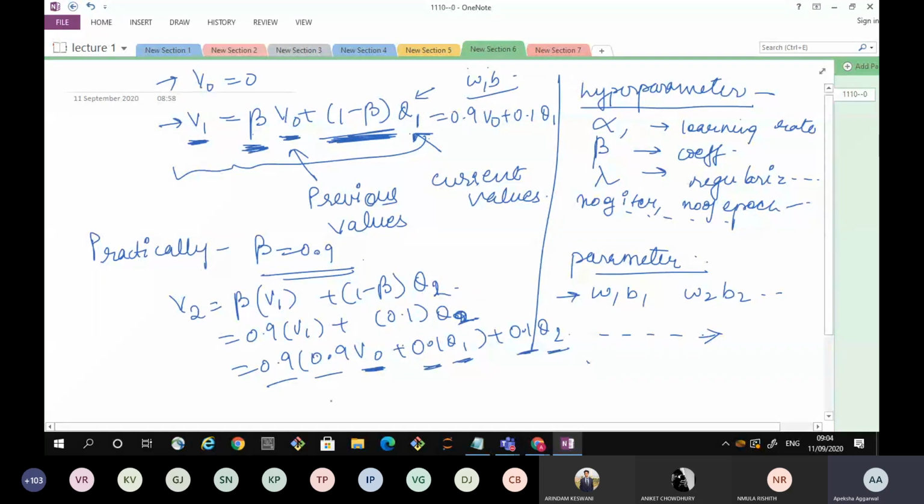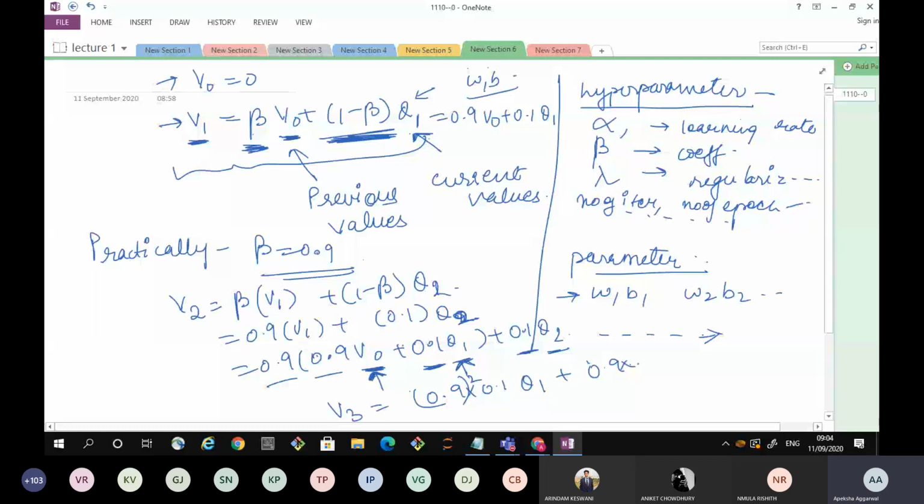So the point of saying is, for theta 1, we are multiplying it with two numbers, that is 0.1 into 0.9. And if we are calculating V3, it would be something like 0.9 to the power 2 times theta 1 plus 0.9 into 0.1 into theta 2, and so on.